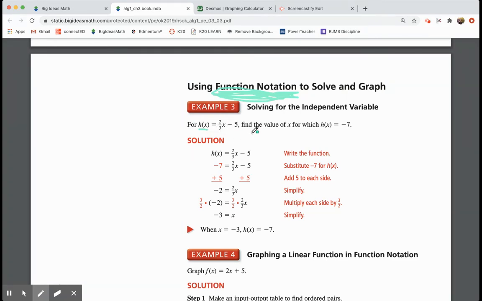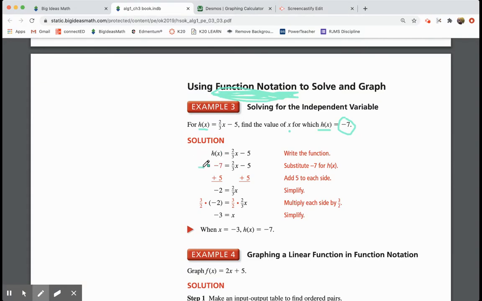That is your equation. Find the value of x for which h of x equals negative 7. So that's the same thing as them saying solve for x if y equals negative 7. You're just going to take the whole thing and set it equal to this. So you're going to replace h of x, or your y, with negative 7 and solve for x.